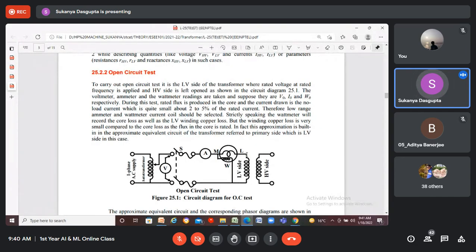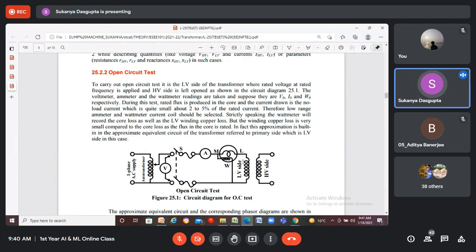If it is a 220 by 110 volt transformer, the 220 volt side will be left open and the 110 volt, low voltage side, will be connected with the input supply.